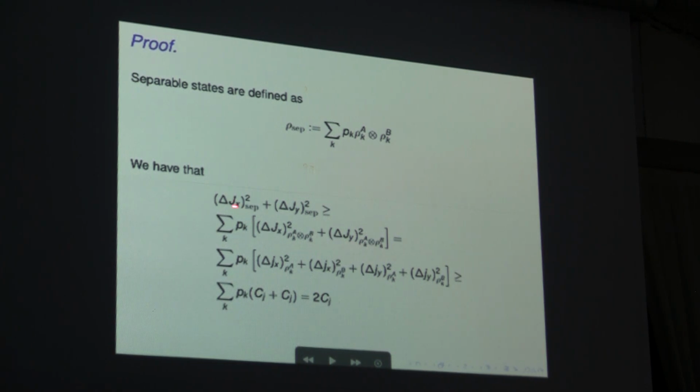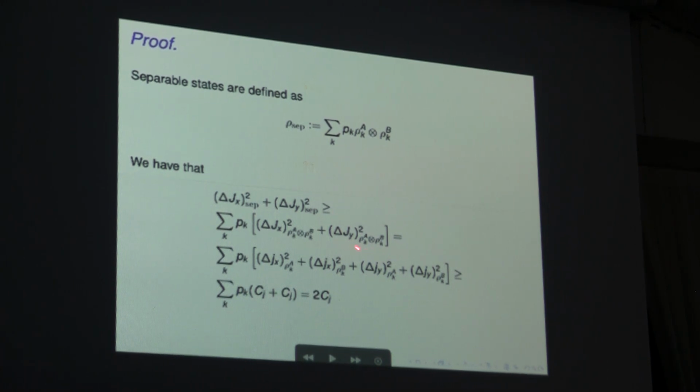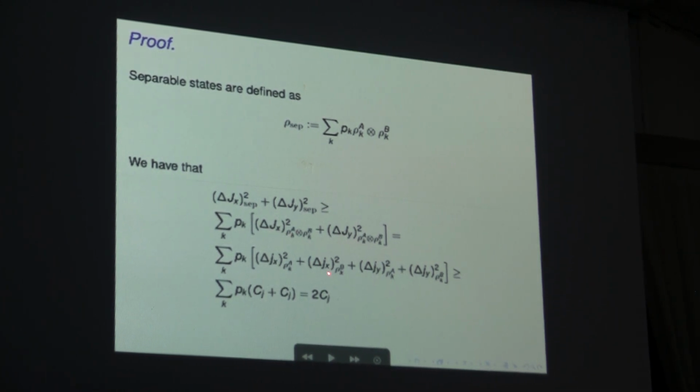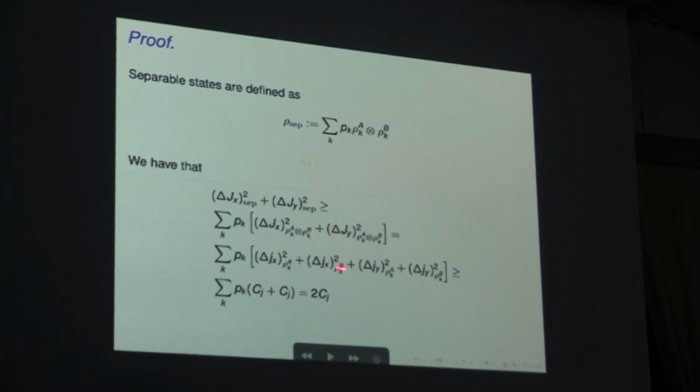The idea is that the collective variances for a product state simply split. First of all, they are concave quantities, so if you mix something with some probabilities, you get a lower bound like this. For collective variances, if your state is a product state, they simply split into the sum of the local ones.